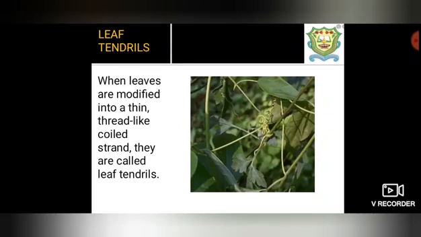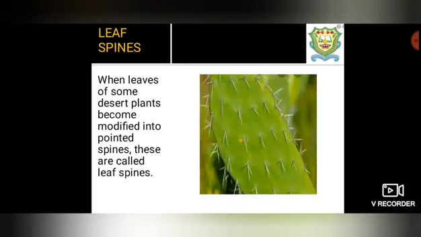Leaf with a thread-like shape is used by climbing plants for support and prevents the dropping of the plant, so it avoids breaking its stem. Tendrils grow out of the plant and wrap around fences or any stable structure near the plant. For example, wild pea, glory lily, pumpkin and grapes.